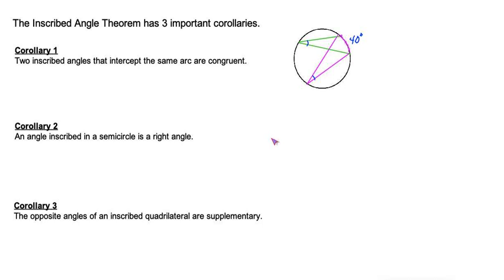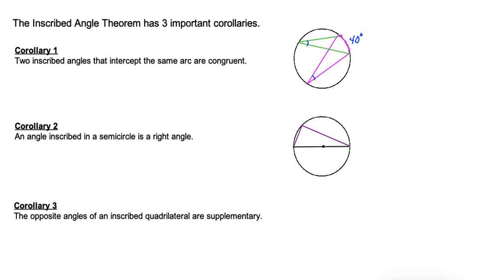Now, let's look at the second corollary. An angle inscribed in a semicircle is a right angle. We know that a semicircle is a half of a circle, and its arc measure is 180 degrees. So here I have a diagram of a circle that's divided in half here. This angle is inscribed in the semicircle. In fact, let me highlight that.